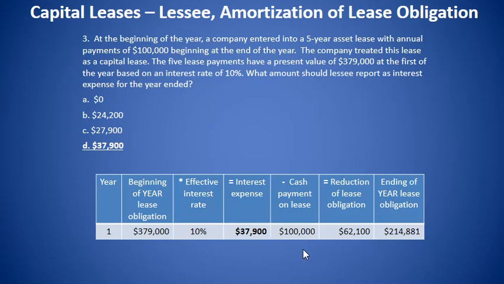And you can see I continue across the amortization table to show you there'd be the $100,000 cash payment and the reduction of the lease obligation, then the ending of the year lease obligation. So they could have asked any of these particular questions about what was the reduction of the lease obligation, or what was the ending of the year lease obligation, and utilizing this table you could have come up with the answers.